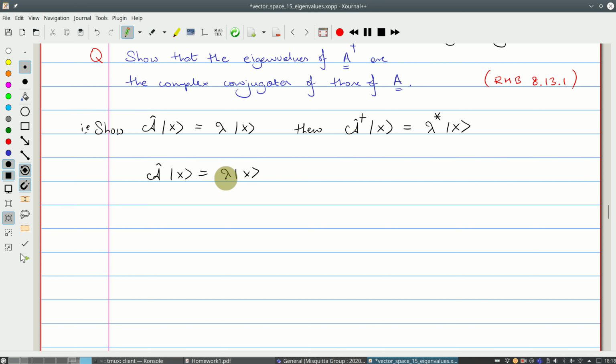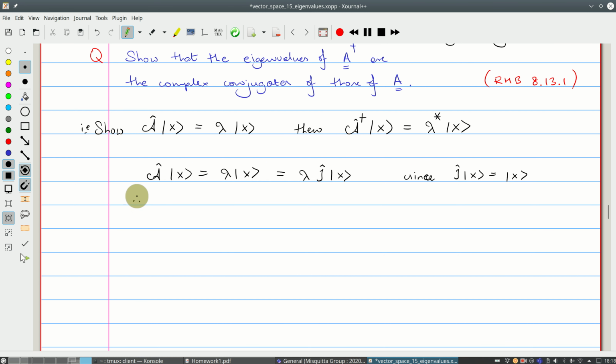What I can do is stick in another operator. Which operator can I stick in? Well, I can stick in the identity operator, because the identity operator operating on any vector gives you the same vector. Now we can bring these two together.